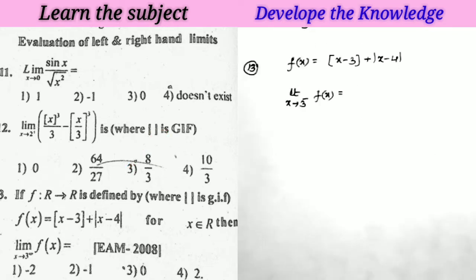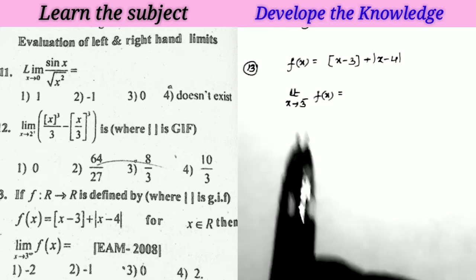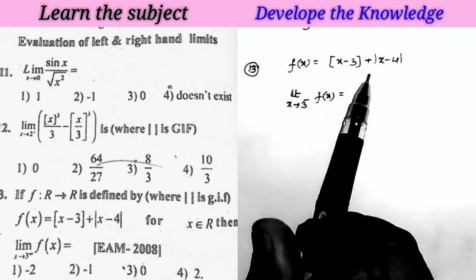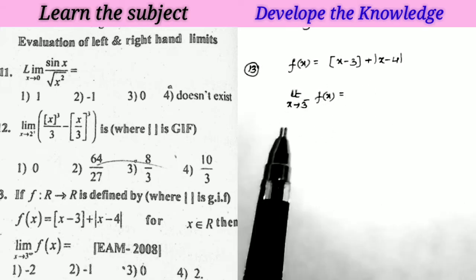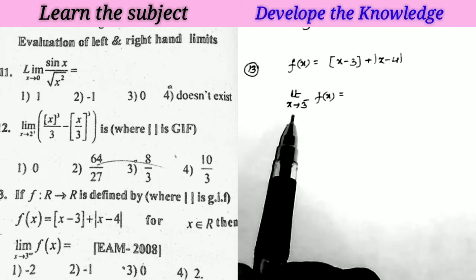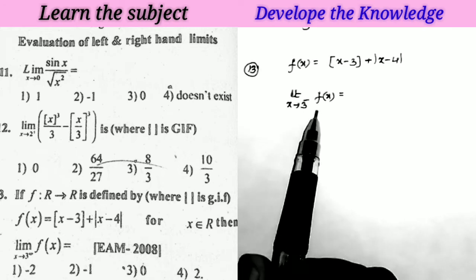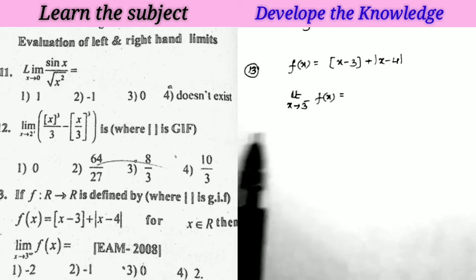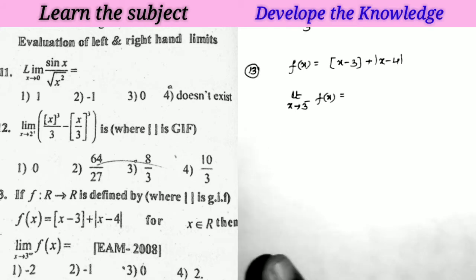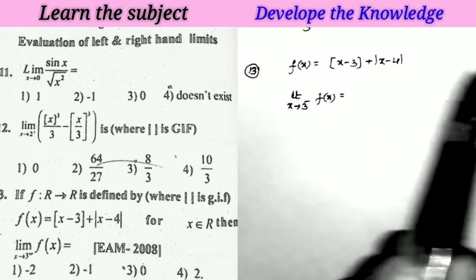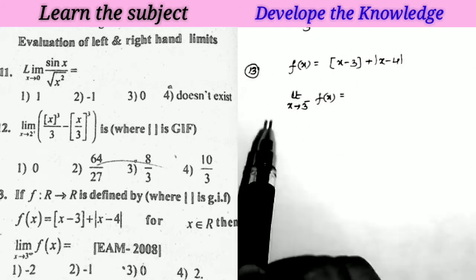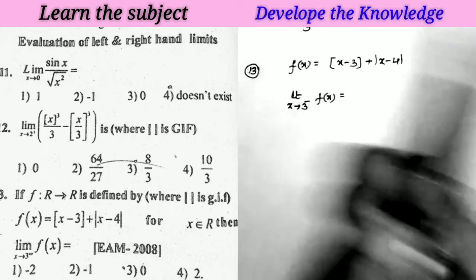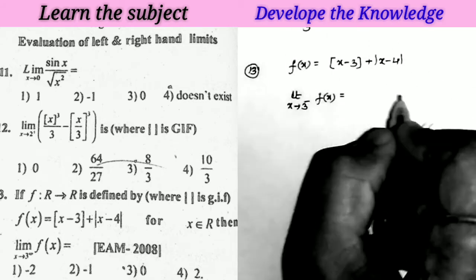That's all. Next question. If f of x is equal to step x minus 3 plus mod x minus 4, then what is the value of the limit x tends to 3 minus f of x? What is 3 minus? 3 minus means we take the values less than 3, that is x less than 3.